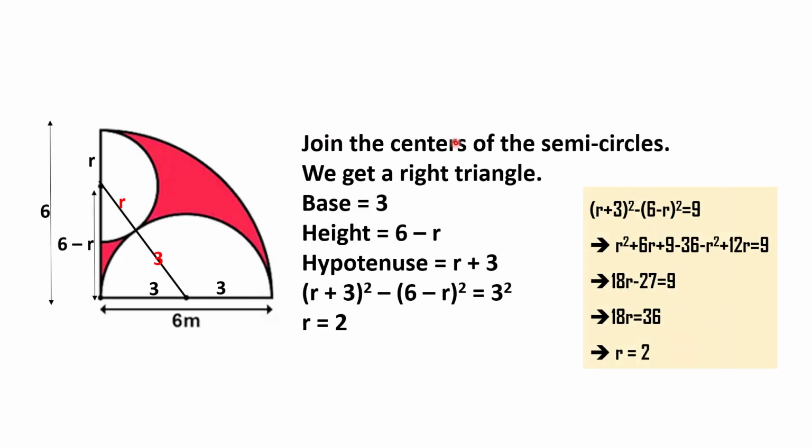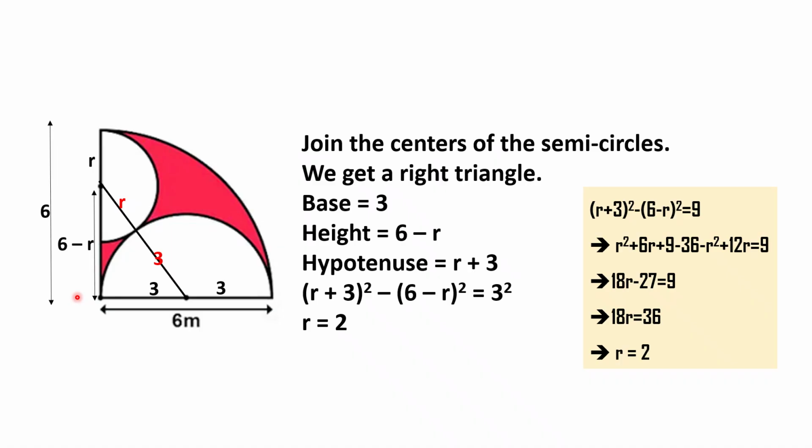So join the centers of the semicircles. The upper semicircle and the lower semicircle, we join the centers and we get a right angle triangle. Base is 3.